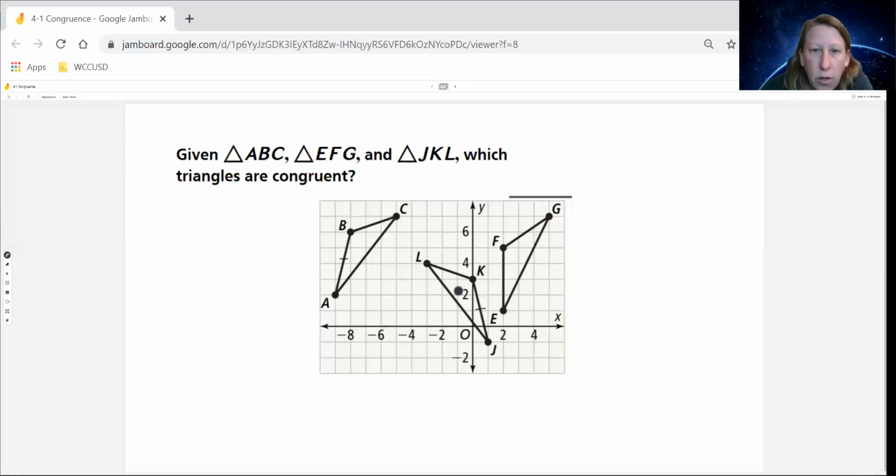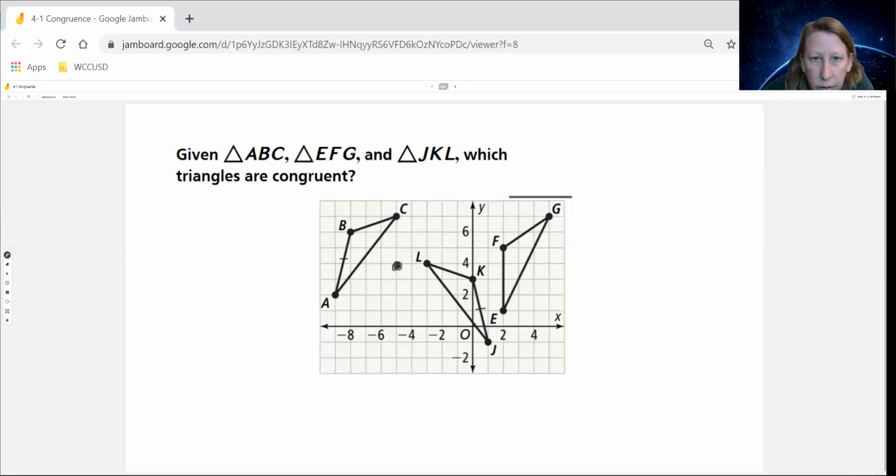Yeah. So how could I prove it? How could I get triangle ABC to match up on triangle JKL? This one looks a little easier to me. I'm going to slide the triangle straight down 3.